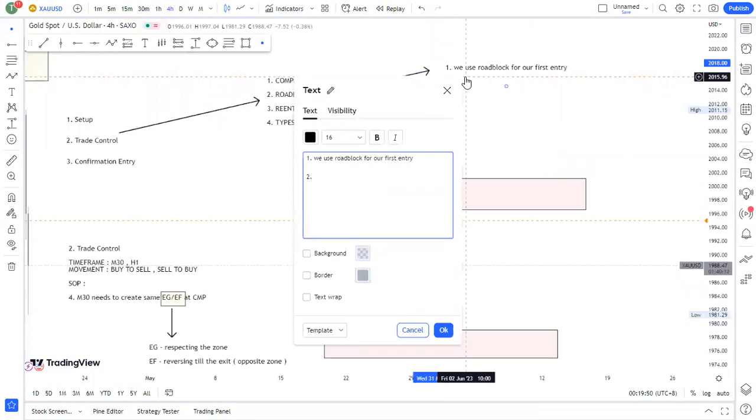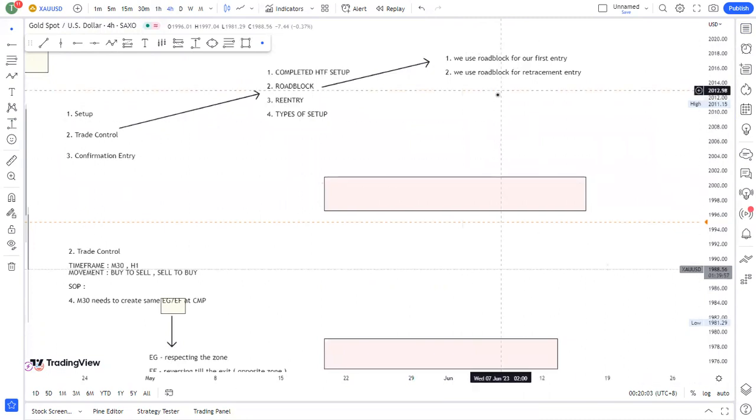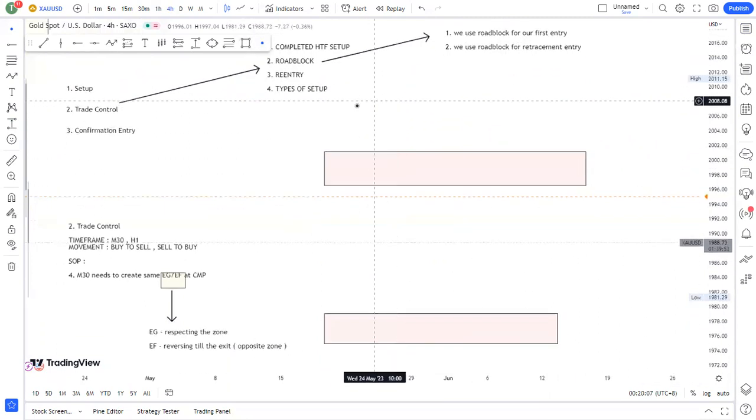And the second, we use roadblock for retracement entry. Okay, so let's go to the theory.